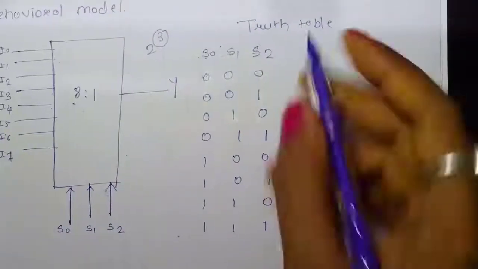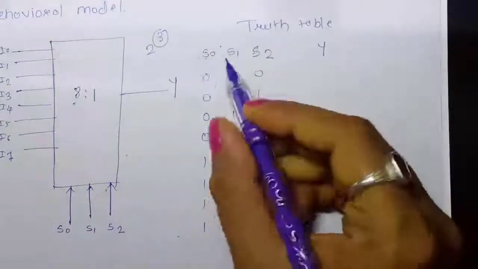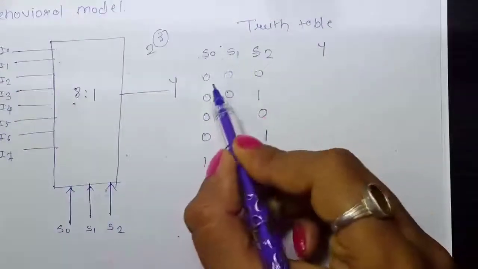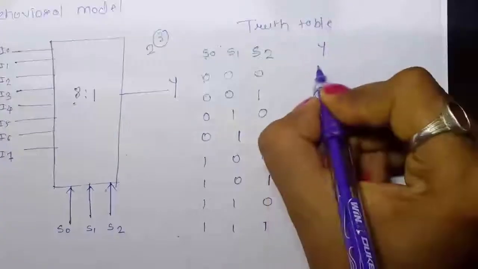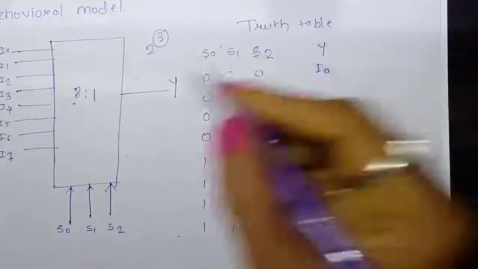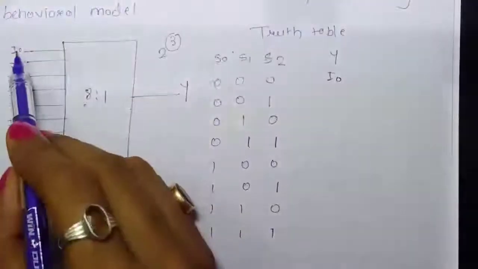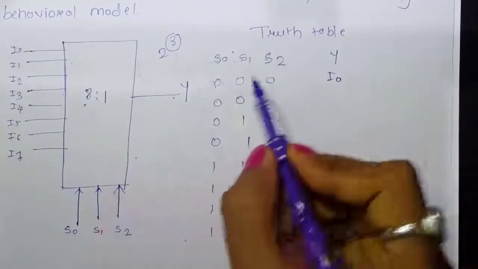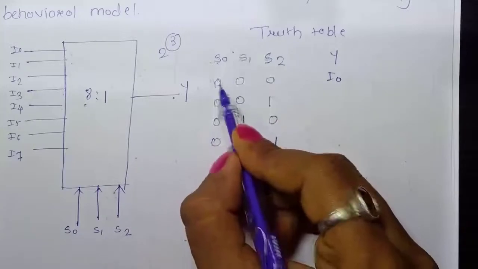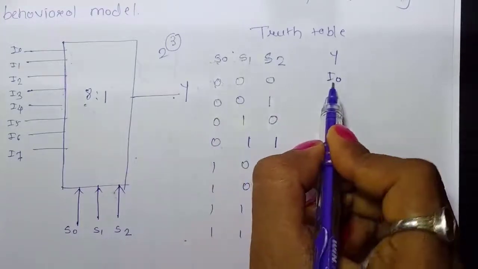Okay, then output Y. Now if all these selection lines are 0 0 0, then your output will be I0. It means that the I0 input data line will be selected and it will connect to output Y.